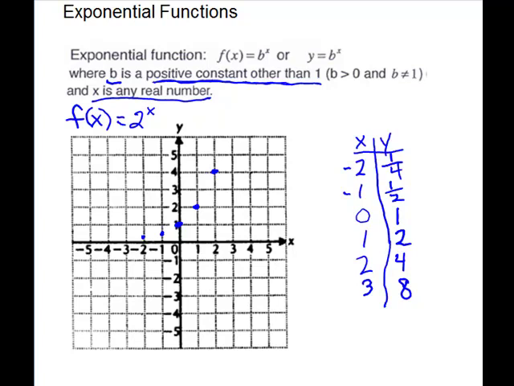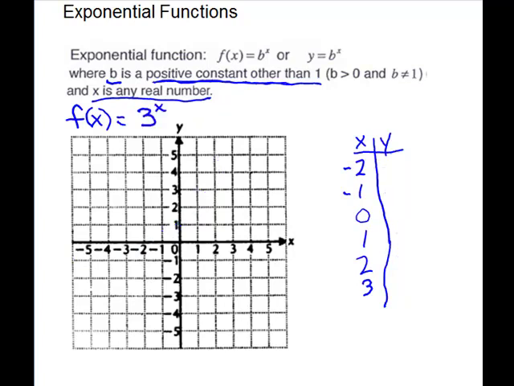And 3, 8. And this is going to go off our grid. There's 6, 7, 8, about right there. So you can see these climb really fast. And it just gets closer and closer to the x-axis as you go to the left.